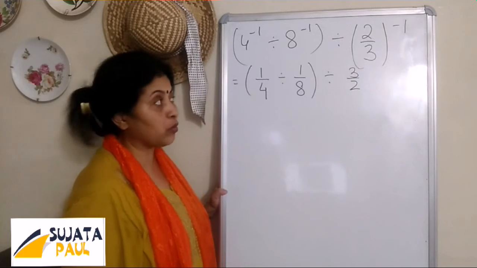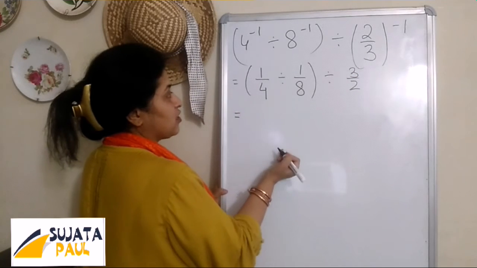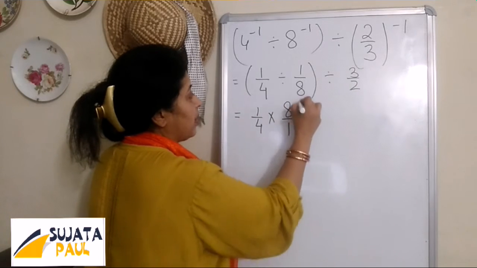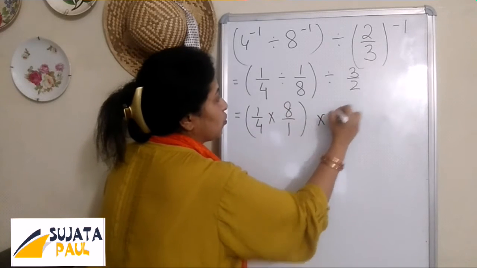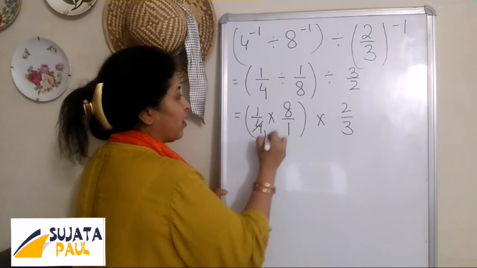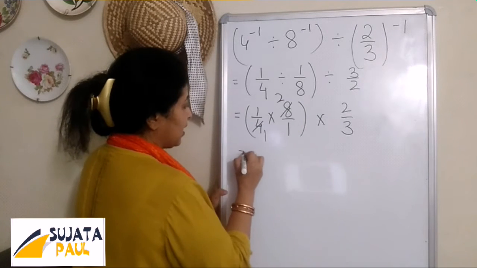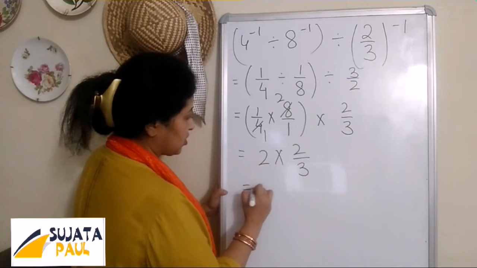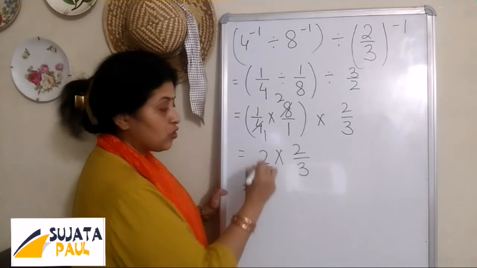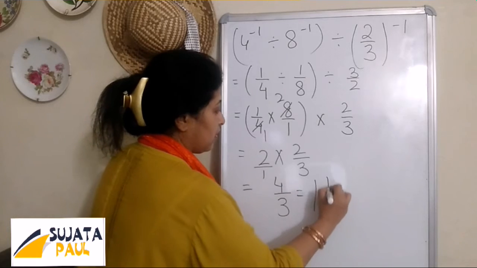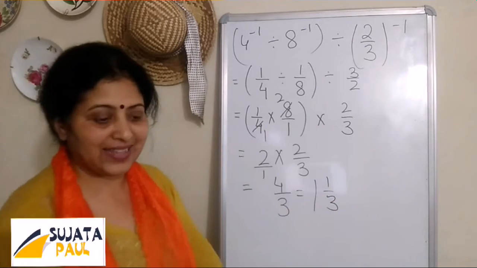I hope you've understood what I've done. And this will be 1 by 4 into 8 by 1 into 2 by 3. And therefore 4 1s are 4, 4 2s are 8. This becomes 2 into 2 by 3, so 2 2s are 4 upon 3.